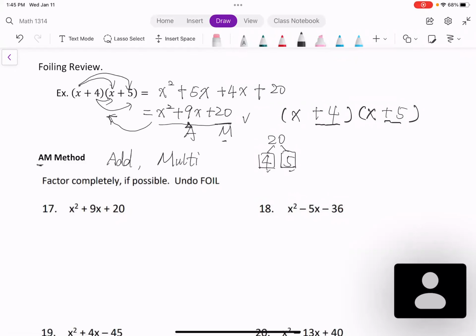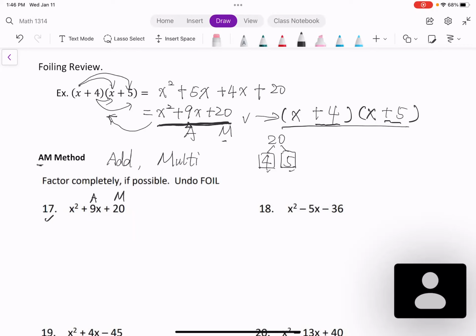Yes, we use the A and M method to convert the polynomial from the expanded form to the factored form. First identify what is the A, what is the M. Let's do it again. The number 17 is the same question. I put an A above the 9, the middle term. This is addition.